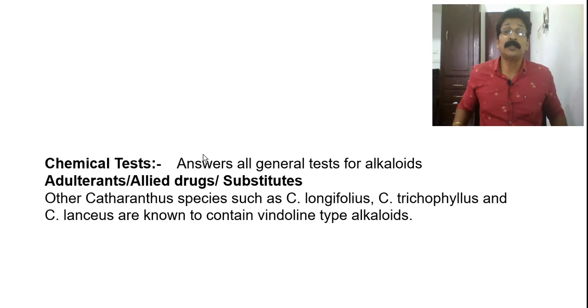But a substituent will have constituents, though perhaps not the same as the original plant. Other Catharanthus species such as Catharanthus longifolius, Catharanthus trichophyllus and Catharanthus lanceus are known to contain vindoline type alkaloids.